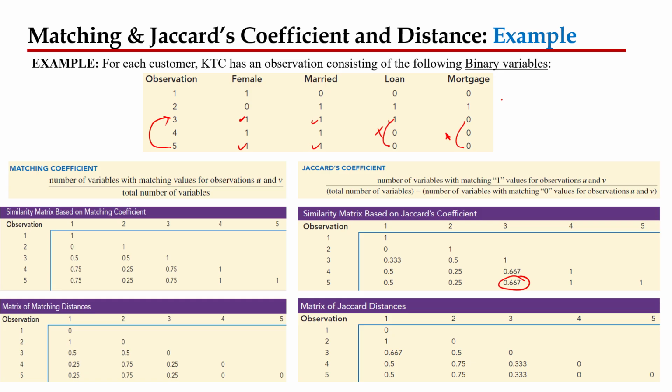So that means two ones are common, which is the numerator, divided by the number of variables, minus the number of zeros common, which is 1, which is going to be 2 by 3, which is 0.6667. Okay, that is this value. So I hope you got the idea.